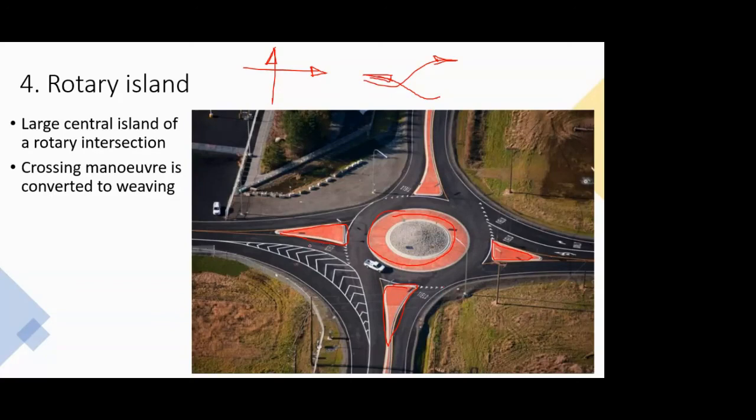So now here if you see, this is a right hand drive country, from where this photograph was taken. Now this vehicle, it is maybe going to go in this direction, and there is another vehicle which is coming from this direction.